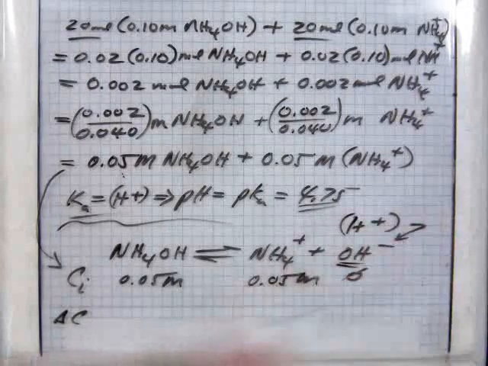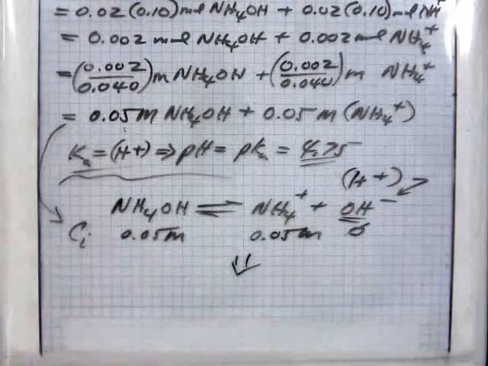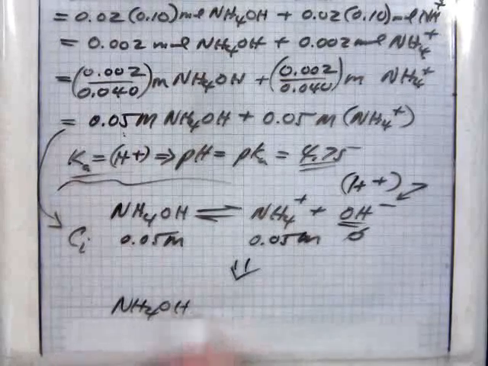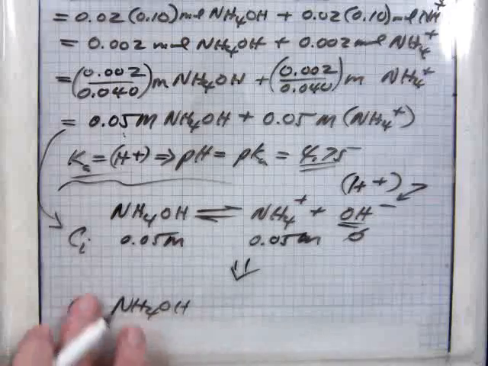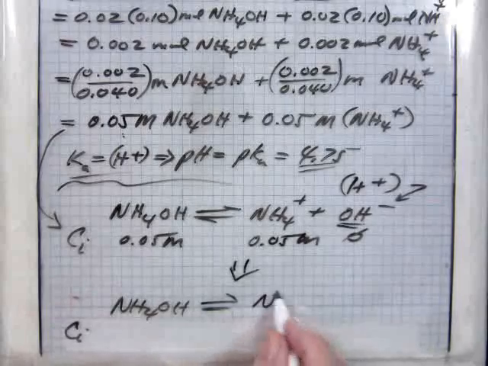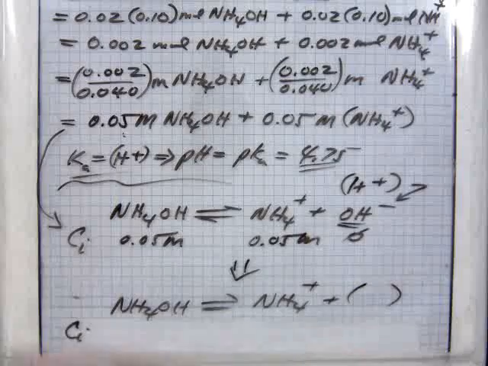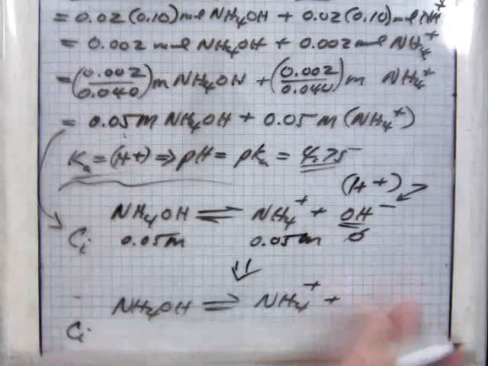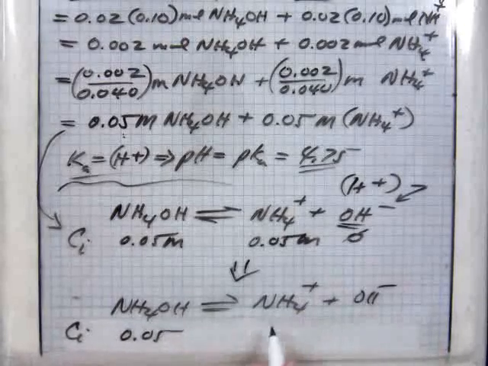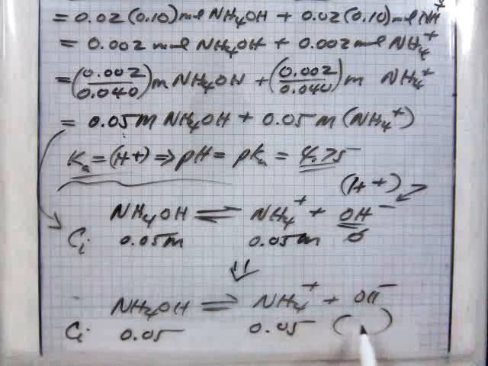And so it shifts, I'll just do it this way. So what you'll wind up with is an NH4OH initially. I'll put it down here. Equals NH4 plus, that's gone now. Well, let me put the OH in the next row. So you have 0.05 and 0.05, and you're trying to take all this out.